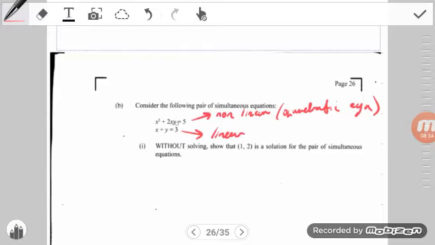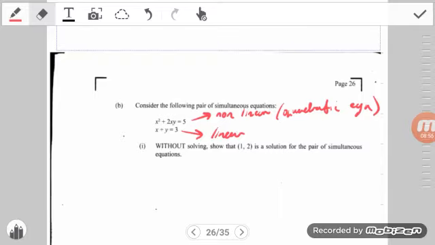If we were to sketch these graphs separately, one would look like this and one would look like this. One is going to be a curve, a parabola, and one is going to be a straight line. So that's what we're looking at.